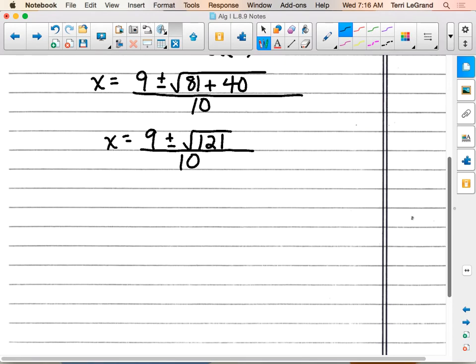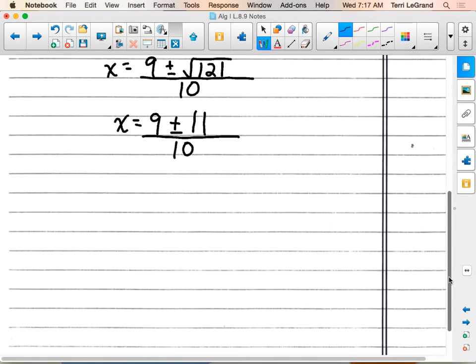So now we have x is equal to 9 plus or minus the square root of 121, which is 11, no radical sign anymore, over that 10. We have two solutions again because there are two square roots of 121.